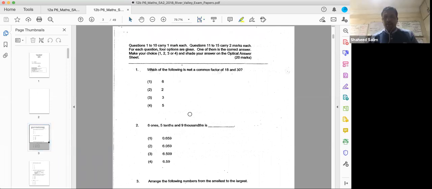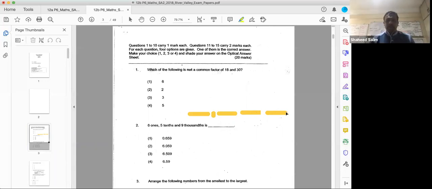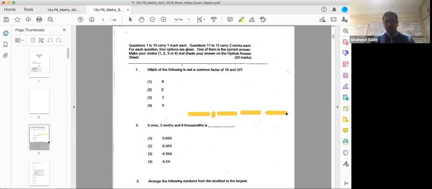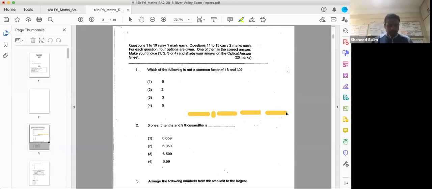This one, you have ones, tens, hundreds, thousands. Answer for number 2 is 3. What about the rest? 3. Okay. Anyone else? Number 4 for which one? Number 1. Okay, good.